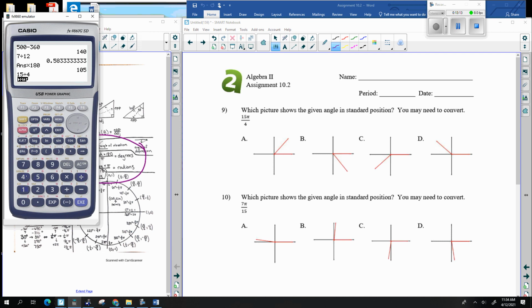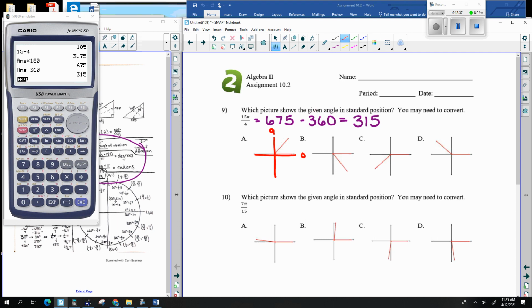So 15 pi over 4. Subtract a circle. This turned into 675 degrees. I took a circle off to make it more realistic, so that's 315 degrees. I need to identify where 315 degrees is.